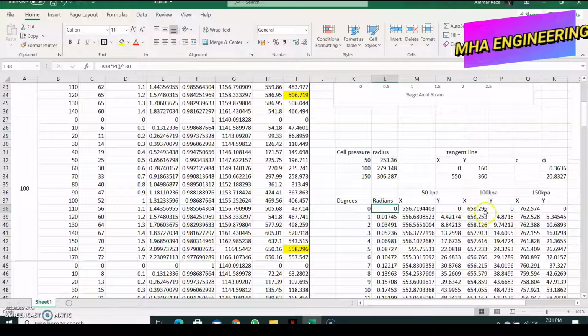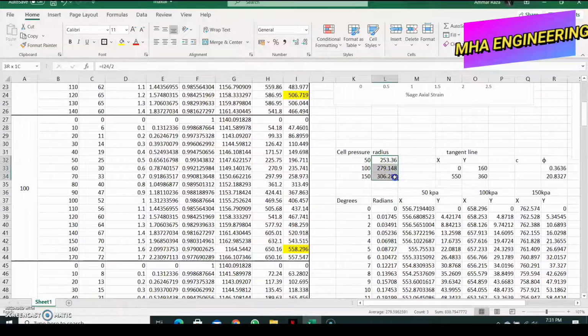After that, you do the same for 100 and 150 kPa, where it will now be 100 plus r cos theta for your x values of 100 kPa, and 150 plus r cos theta for your 150 kPa x values. And the y values will follow the same format of r sine theta.